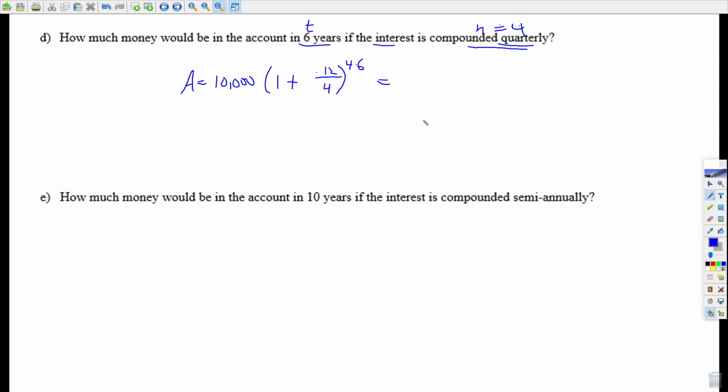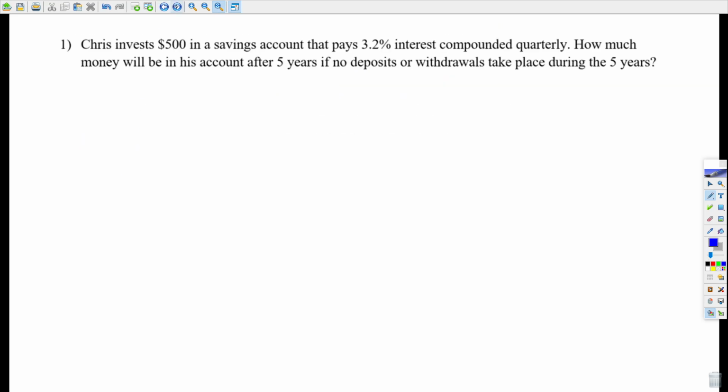Take that number, times it by the 10,000, and after 6 years, we're going to have $20,327.94. It takes 6 years, but we over doubled our amount of money. Not bad. All right, the last part, and then you'll have some homework problems doing your own. We'll be finished.